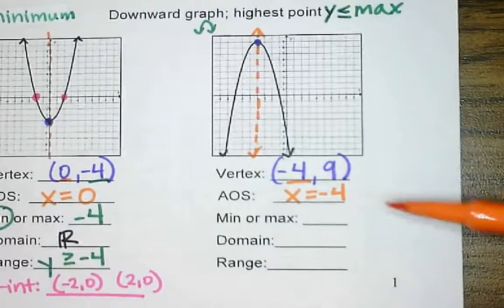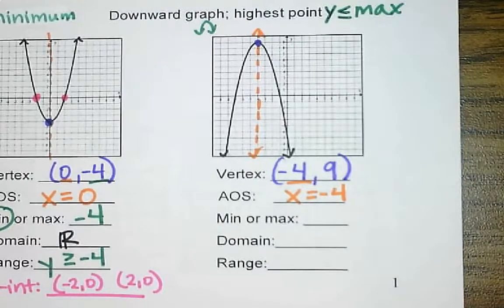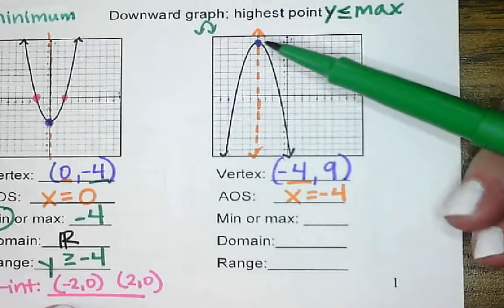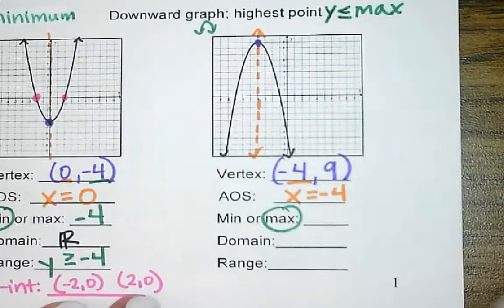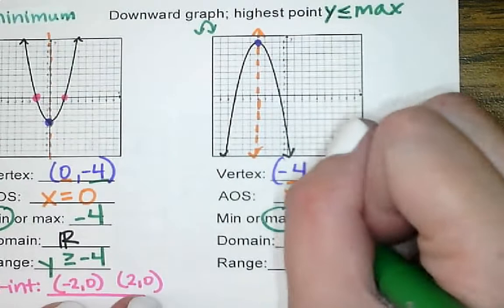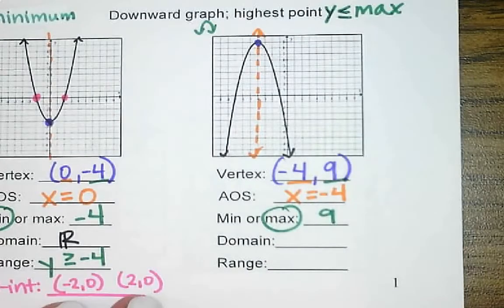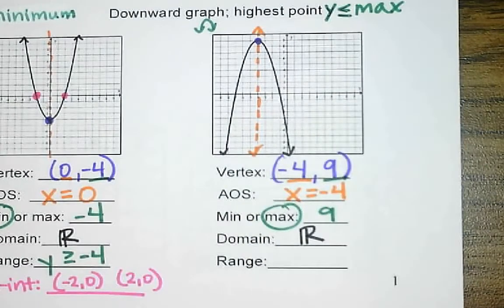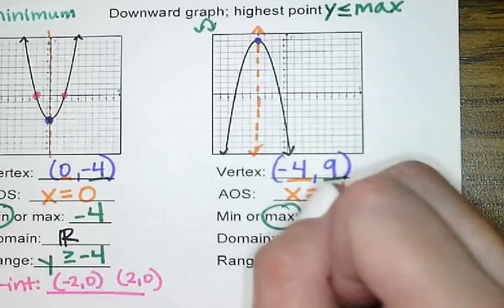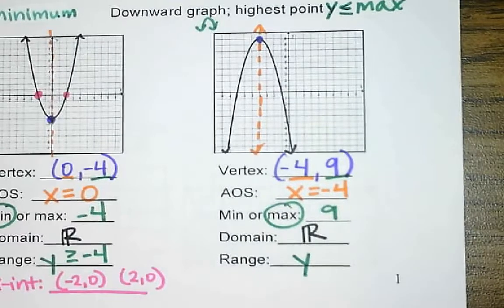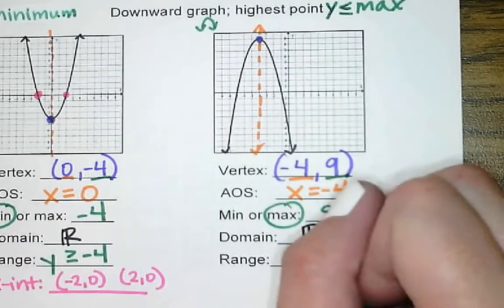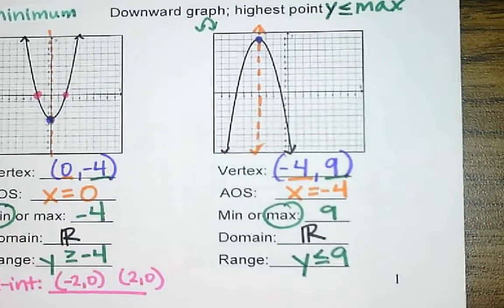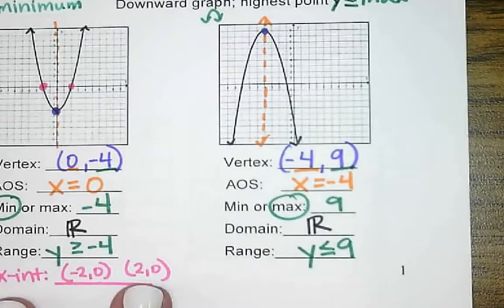Now, is this one going to be a minimum or a maximum? Maximum. A maximum. And our maximum is way up here at 9. Our domain, again, is still just all real numbers. And our range is going to be y. Is it greater than 9 or less than 9? Less than or equal to 9. You guys are correct. Less than or equal to 9. And then, what are my x-intercepts in this case?